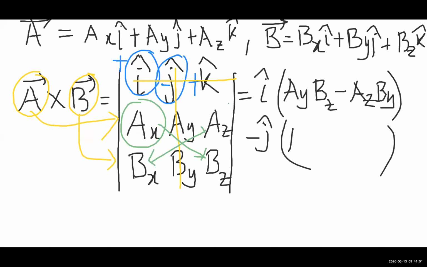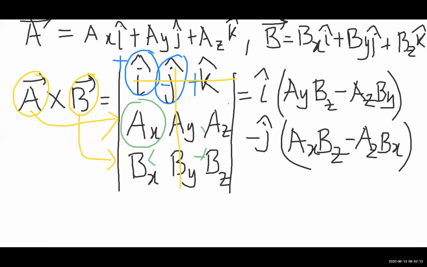So you end up with A X B Z minus A Z B X. Get rid of the extra things.